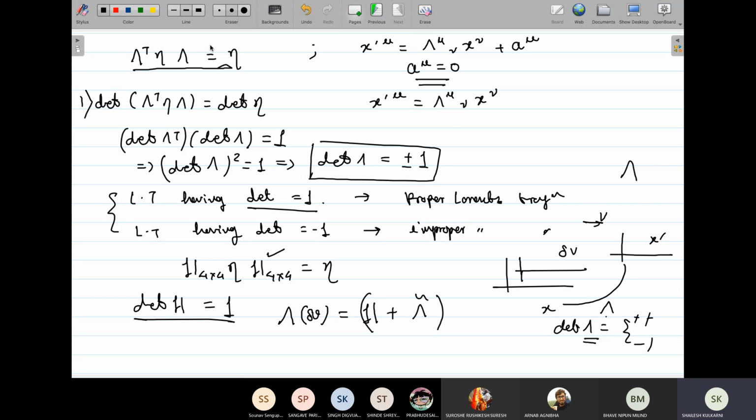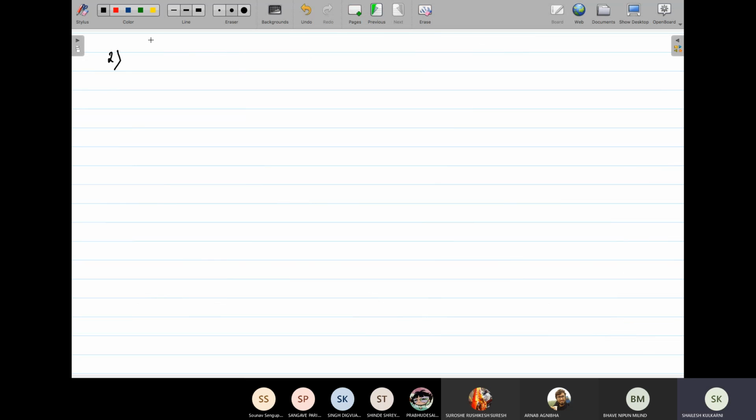The second point is you start from lambda transpose eta lambda, and now I will again write it in component form. We have done it before: lambda alpha mu, eta alpha beta, lambda beta nu equal to eta mu nu.